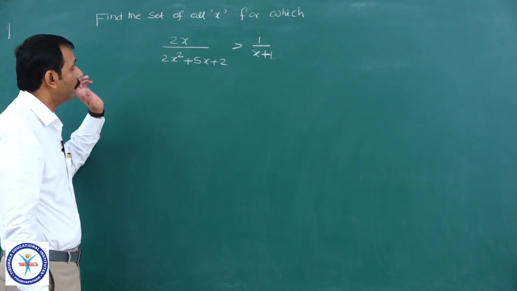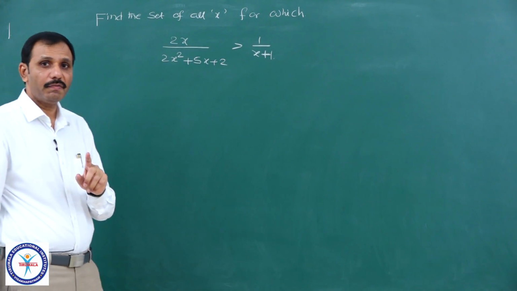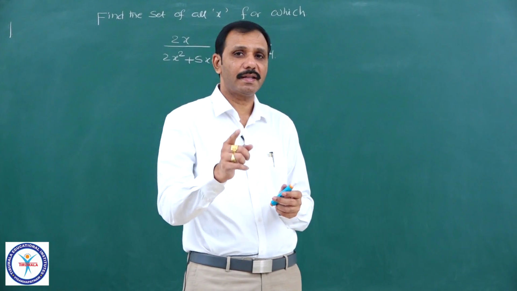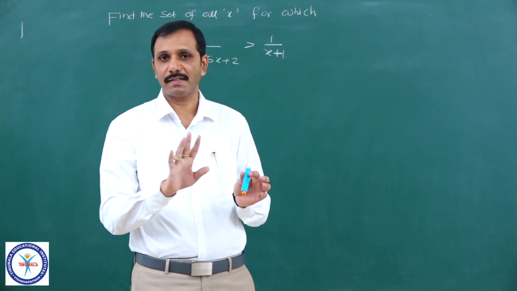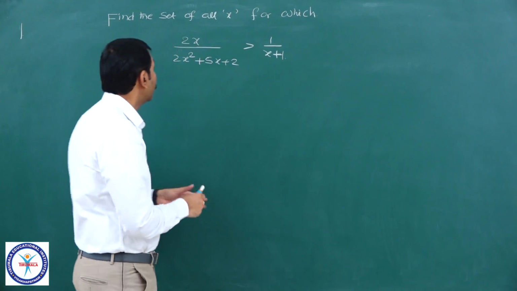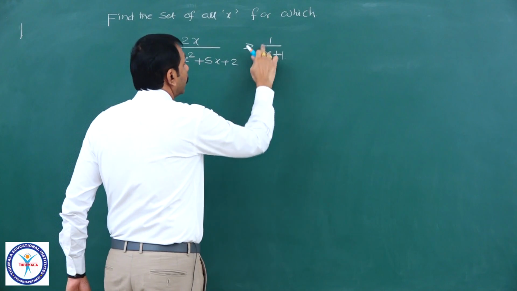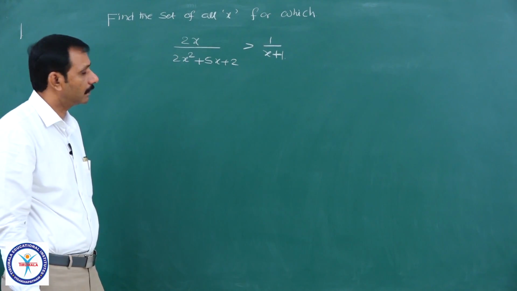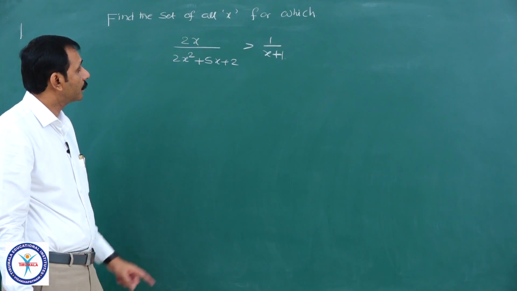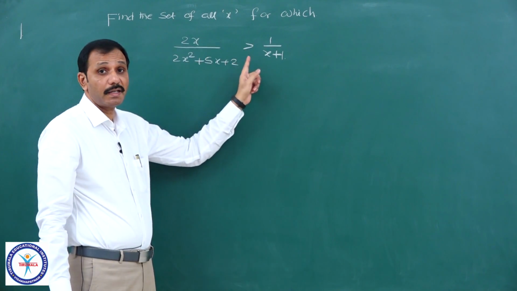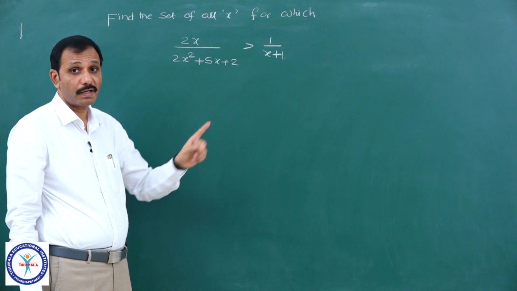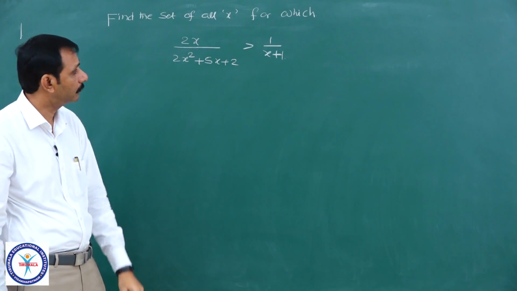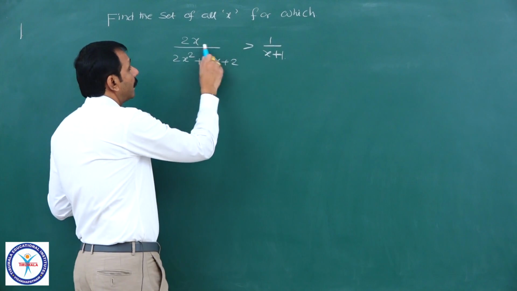We will see this problem. Till now we have seen inequalities of the type where they have given greater than or equal to 0, less than 0, or less than or equal to 0. But here the expression is greater than 1 by x plus 1. Because it is an inequality, you must be very careful while simplifying. Can you cross multiply here?